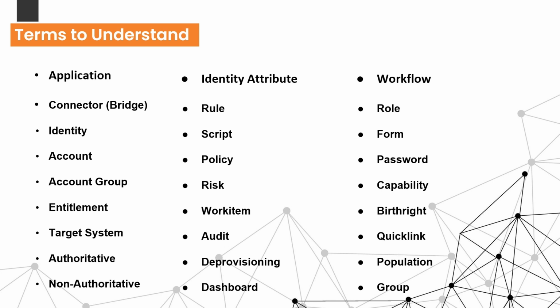Next we have the target system, guys. What is a target system? Every application that has been targeted for an organization, any of the applications that is being targeted to integrate with SailPoint, can be called a target system.